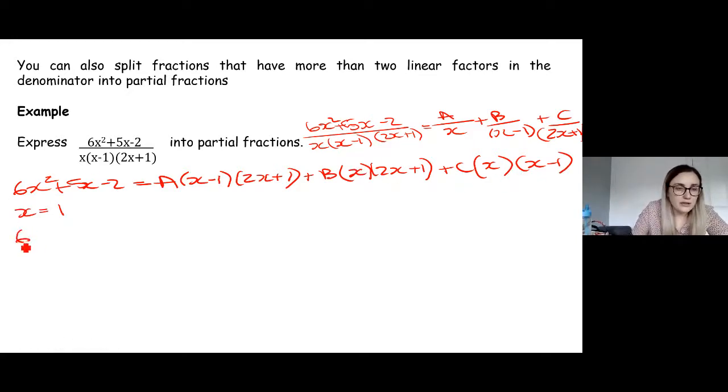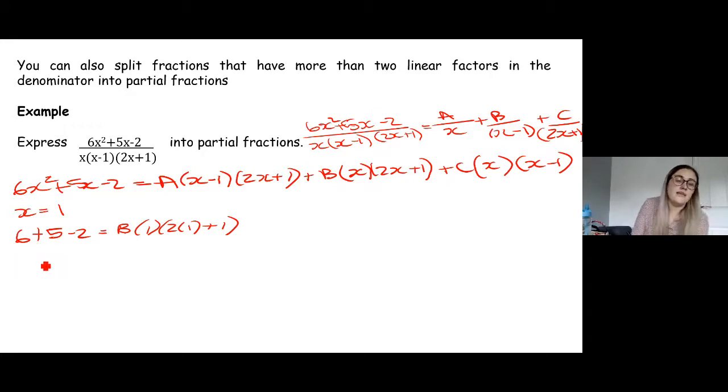So I'm going to have 6 times 1 squared, which is just 1, plus 5, minus 2, equal to, well, that one's going to go because 1 minus 1 is 0, and that one's going to go for that one. So we're just going to get our B. So B times 1 times (2 times 1 plus 1).